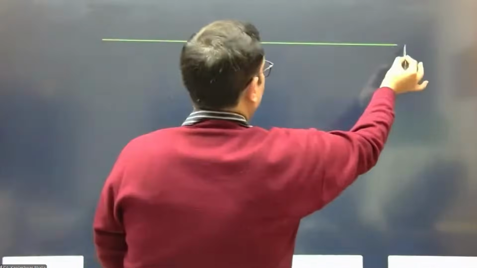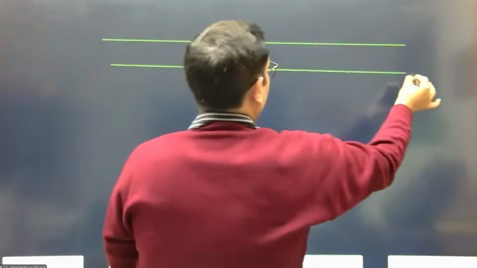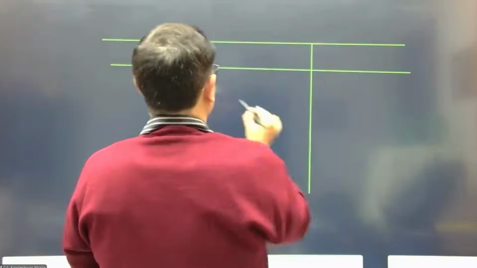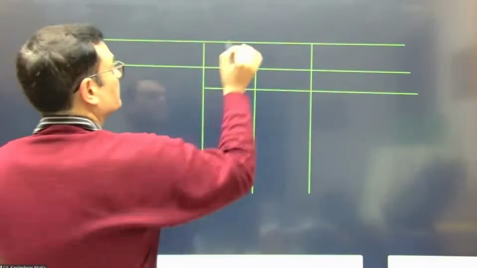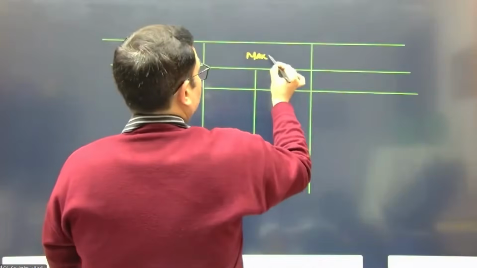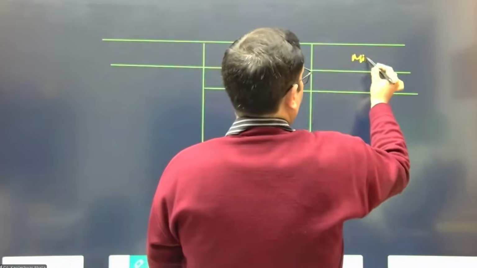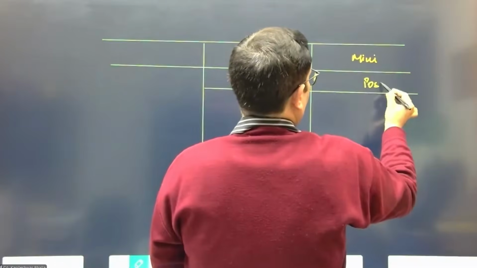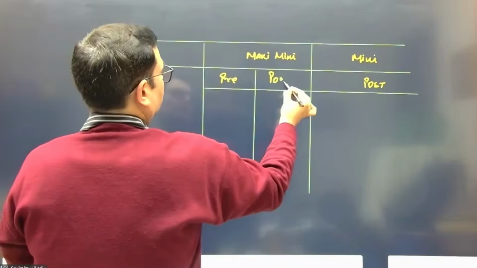So we can consider the calculations of the net asset value for the company Maximini pre and post, and Mini post. So this is Maximini, this is Mini, this is post demerger, this is pre and this is post demerger.